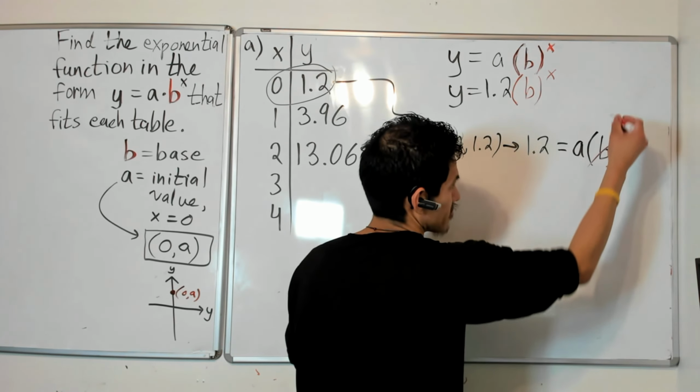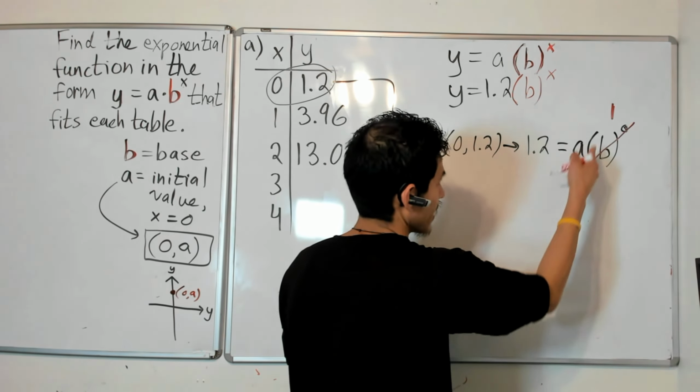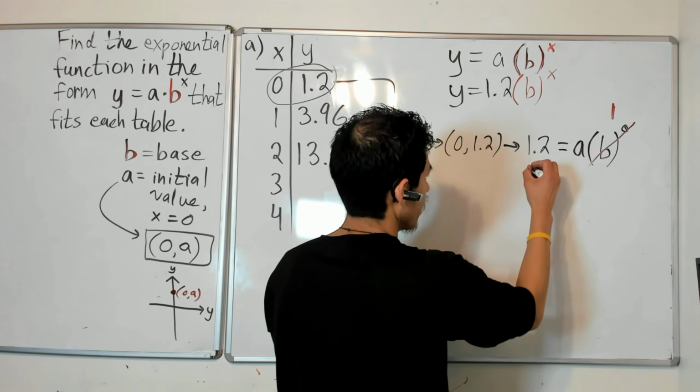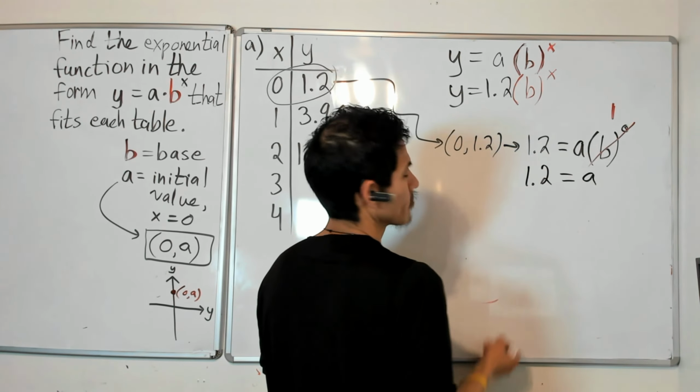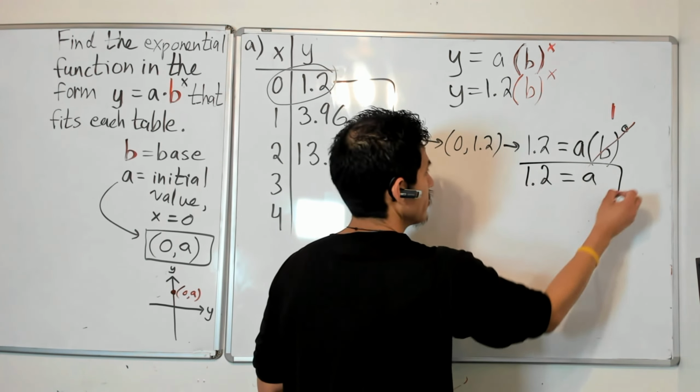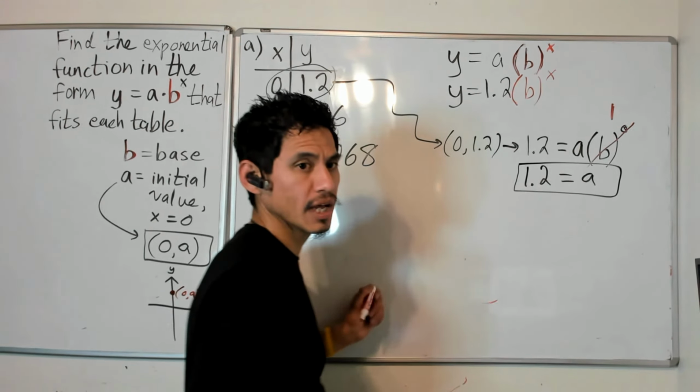Remember that any term to the 0 power is 1, so this is just a times 1. So you have 1.2 is equal to a. There's your a value, or your initial value.